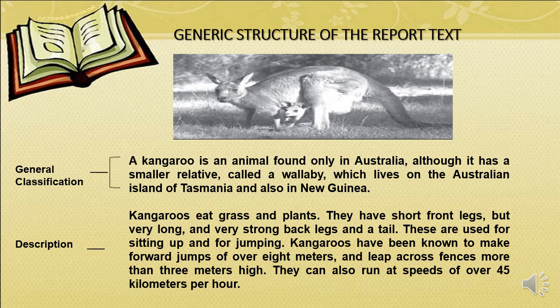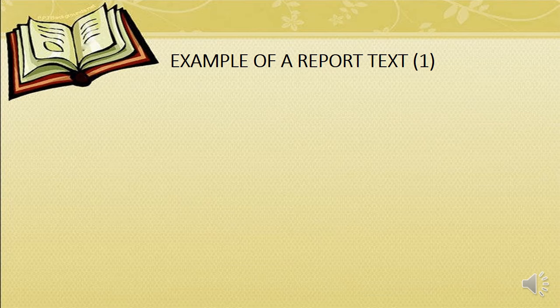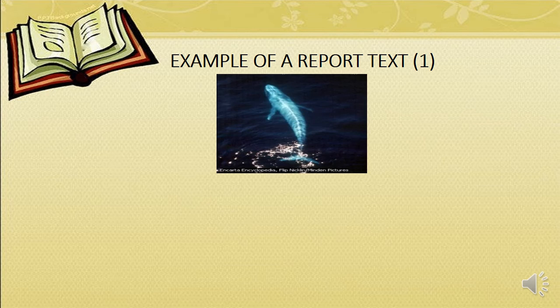You have to describe what a kangaroo is, what a kangaroo likes to do. And remember, in report text, you have to describe generally, while in descriptive text, you have to describe specifically. Now, example of report text 1.